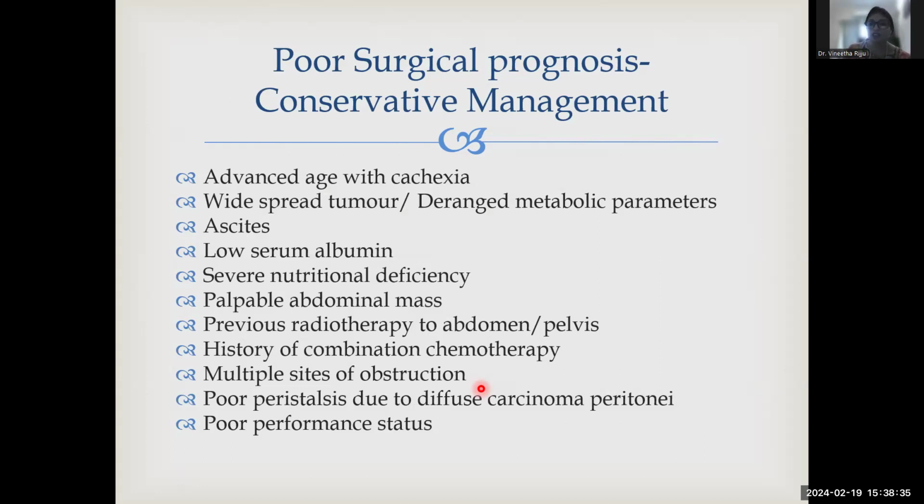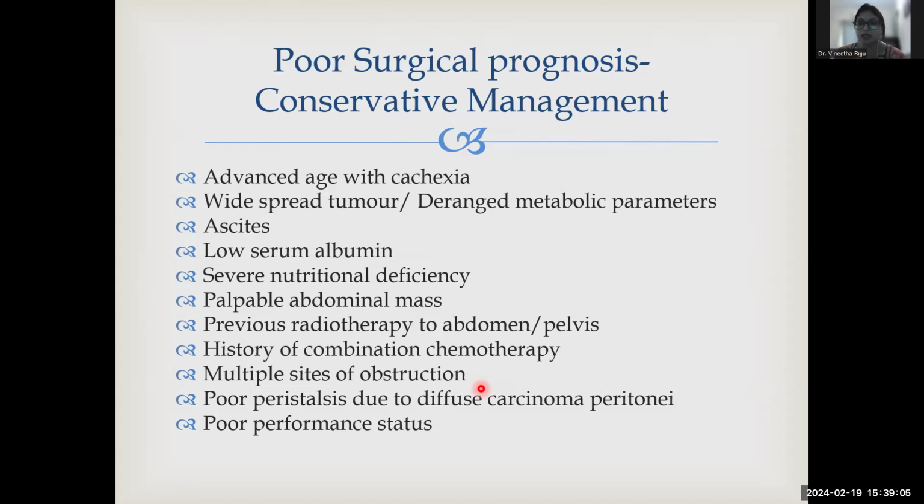Now, severe nutritional deficiency, palpable abdominal mass. Now you know that if the mass is really huge, again that is a bad prognosis. Previous radiotherapy to the abdomen and pelvis. Why? Because previous radiations and surgeries to the abdomen will give us a hint or a clue that maybe there are a lot of adhesions and sticky areas within the abdomen which are pulling and yanking the intestine inside.